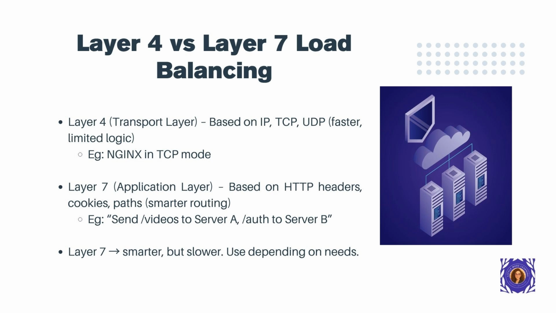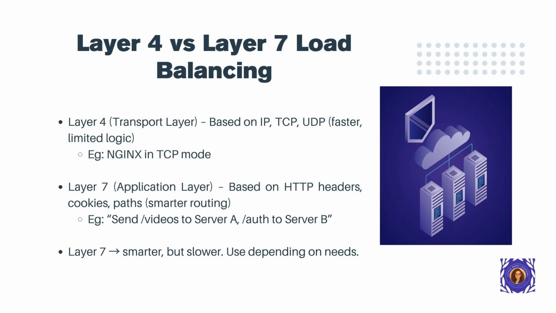Layer 7, Application Layer, load balancing. Operating at the application layer, this type can inspect the actual content of HTTP/HTTPS requests, including headers, cookies, and URL paths. This allows for much smarter routing decisions, such as directing requests for /videos to a video-specific server farm while sending /auth requests to an authentication service.